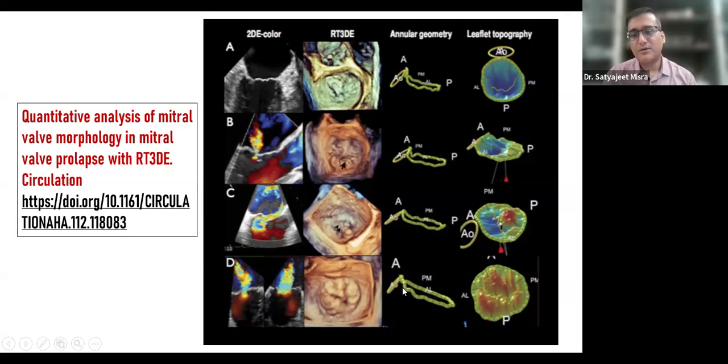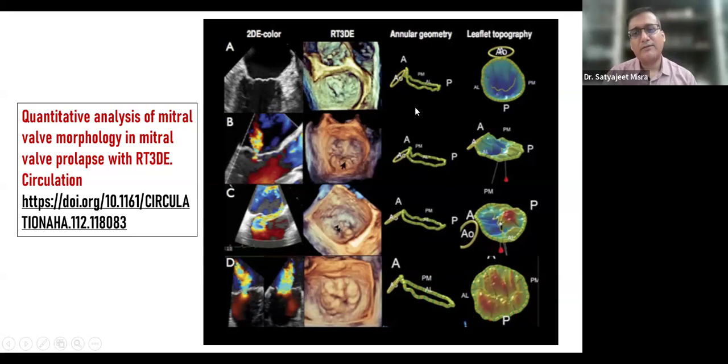You can see that this has almost become a flat ring rather than a saddle-shaped ring. And these multiple red areas point to the multiple areas of billowing in the leaflet geometry. So this is a wonderful tool to study how the mitral valve disease affects the mitral valve annular as well as the leaflet dynamics.